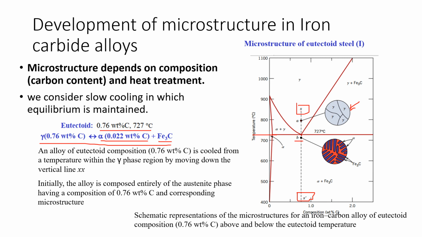According to the microstructure, we can see the lamellar structure of alpha, which is surrounded by the iron carbide structure. So this is the formation of alpha and iron carbide, the decomposition of the austenite structure.